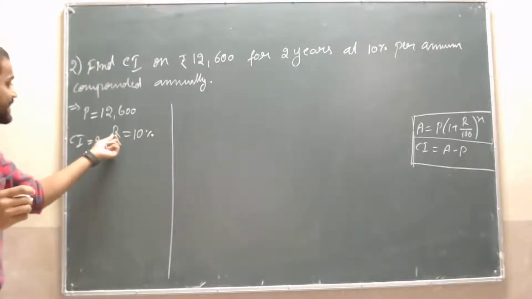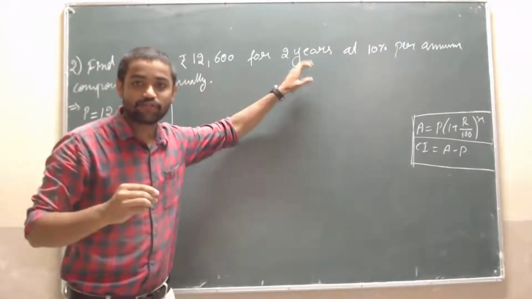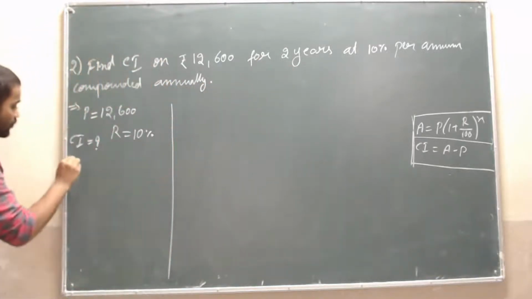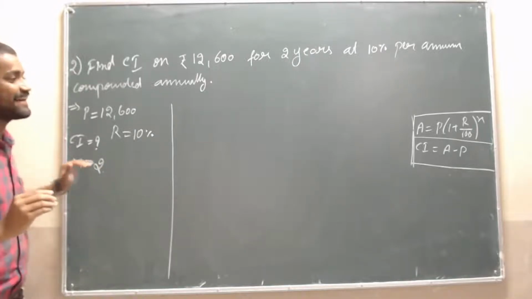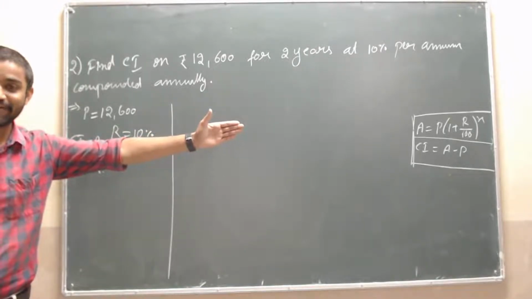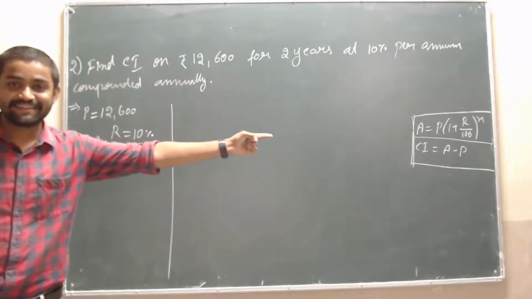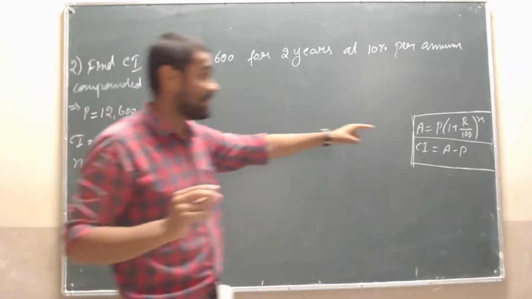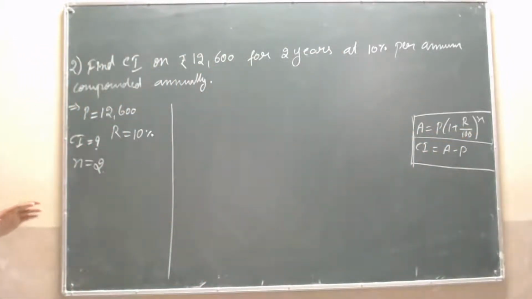Okay, the rate of interest is 10%, and here we must take N is equal to 2. Why? Because in simple interest we take T, but here in the compound interest formula we have to apply N. N is nothing but the time period, students. Isn't it?